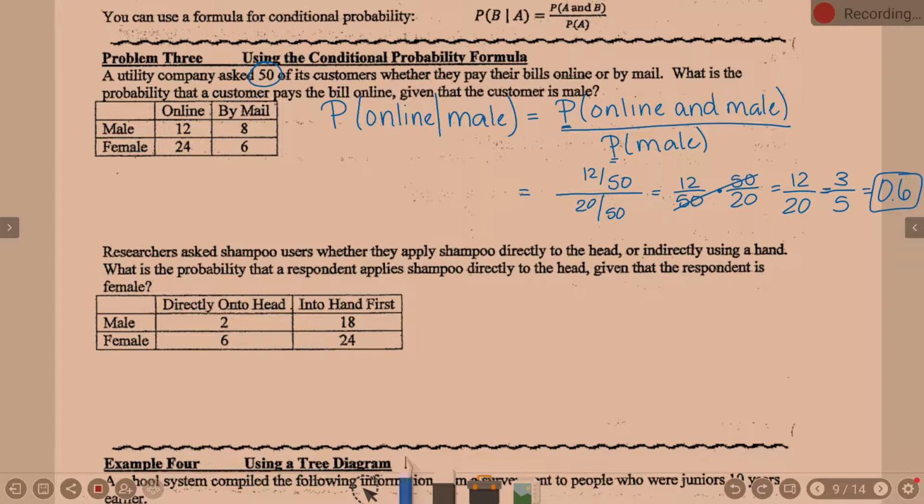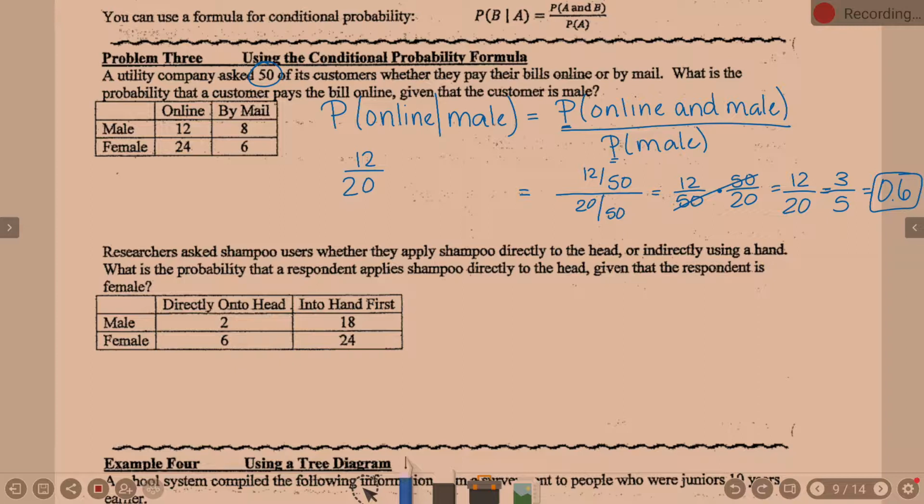Now, they suggested that we can use this formula for conditional probability. Let me back up for a moment. What if we didn't talk probability here? Could we do this the same way we were doing the front side? Probability that the person pays online given they are male. How many was that? That's 12, right? There's 12 online who pay online and are male. Given the person is a male, how many males did we have? 20. Isn't that the same thing we ended up with over here?